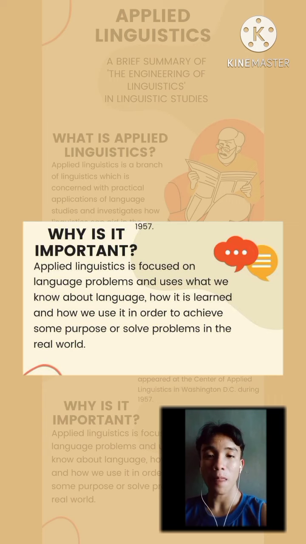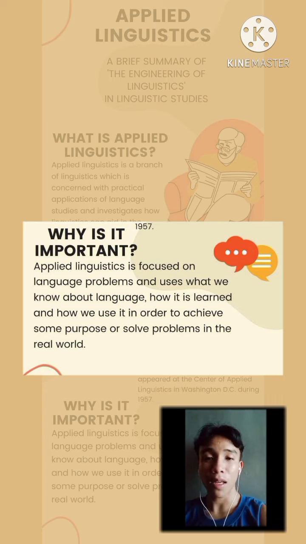It answers the question, how can we use language better? How can we teach language better? What are the psychological, the sociological, the societal, and cultural differences that affect language learning? It takes a closer look into these issues and seeks a solution. It studies, it researches, and if a solution has been discovered, it is then applied to solve the problem.